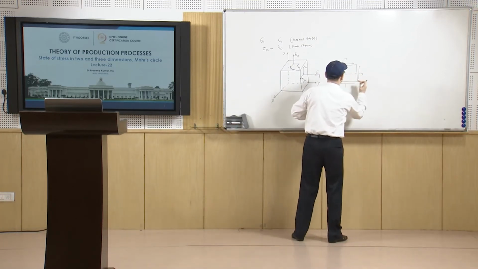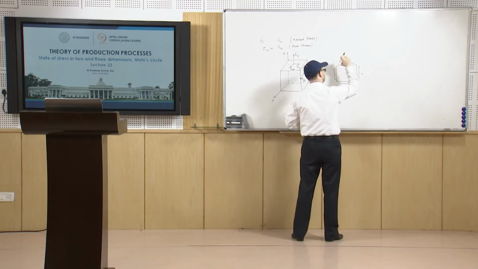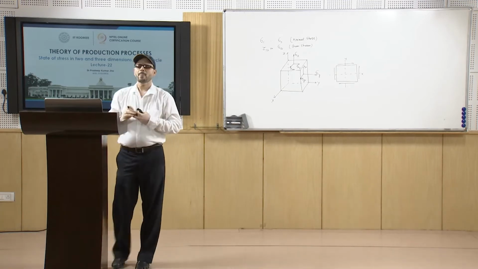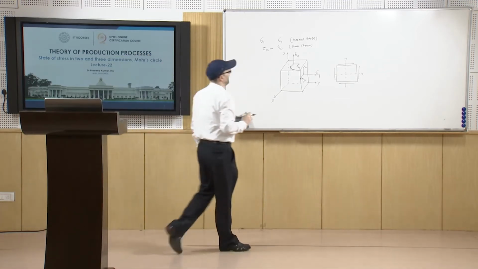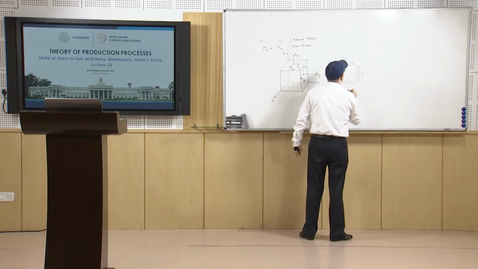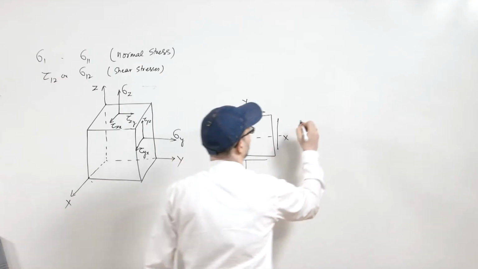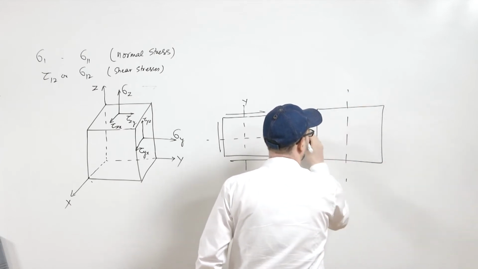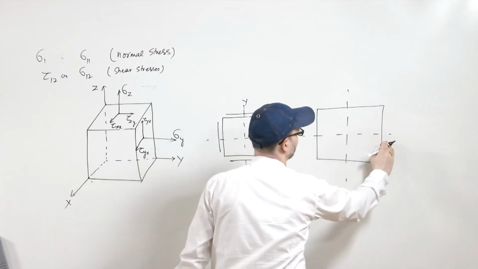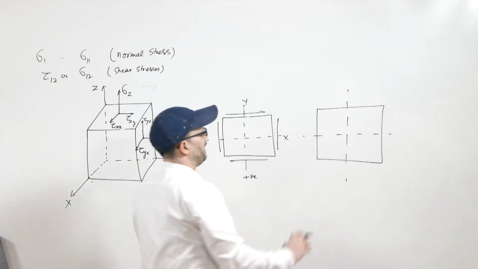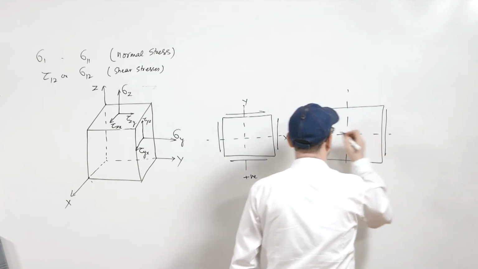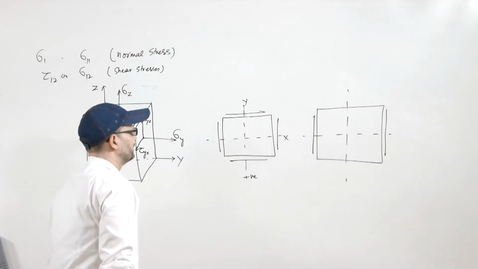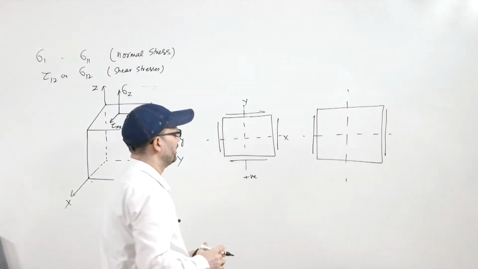This is positive x, this is negative x, this is positive y, this is negative y. Depending upon that, this is the sign of the positive shear stress, and otherwise you will have negative shear stress. If on the positive side you have a negative and on the negative side you have a positive, that is the negative convention.